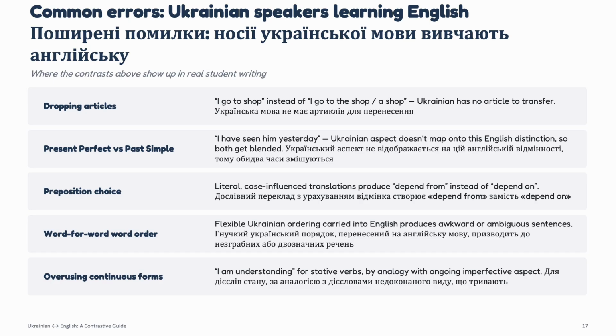Something like you can hear, I have seen him yesterday, which has to be I have seen him without the word yesterday, or I saw him yesterday, because Ukrainian aspect just doesn't map cleanly onto that English distinction, so the two blend together.